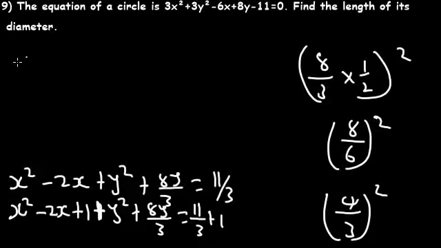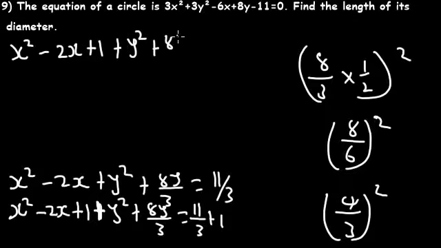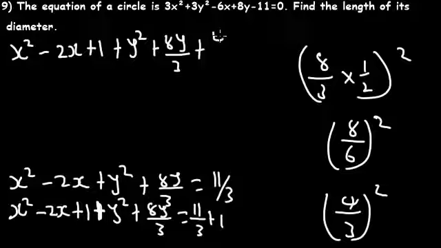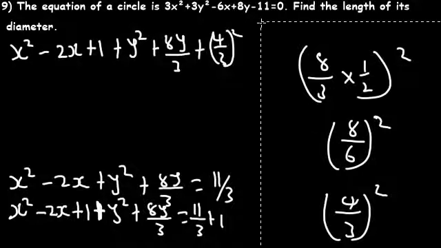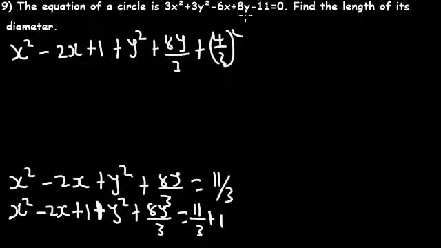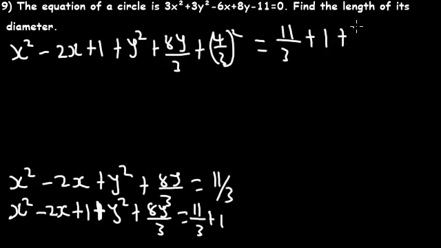So therefore the equation becomes x squared minus 2x plus 1, then plus y squared plus 8y over 3 plus 4 over 3 squared, equals 11 over 3 plus 1 plus 4 over 3 all squared.